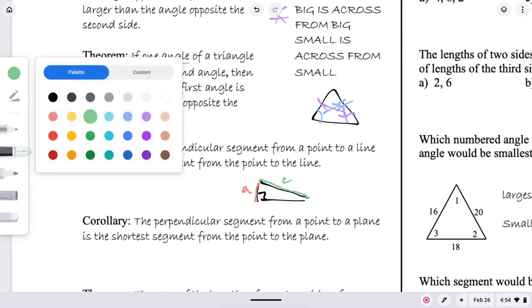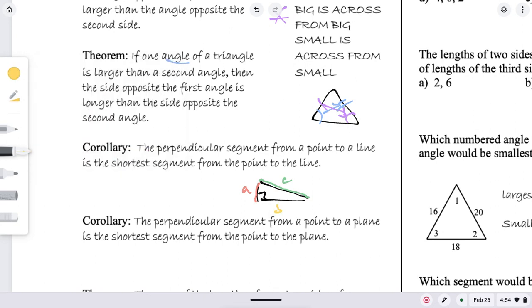But I could pick any point along side B over here. I could pick any point along that side and connect it, and that yellow side would be longer than A. It has to be longer than A.